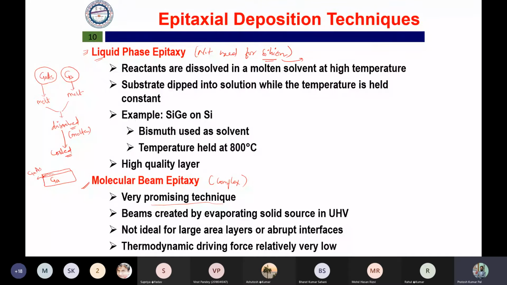Molecular beam epitaxy is the best among these, and also it does not have any chemical reactions. So the deposition and the quality of epitaxial growth will be better in case of molecular beam epitaxy, okay.